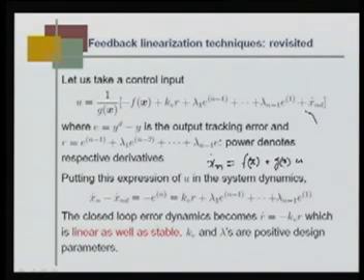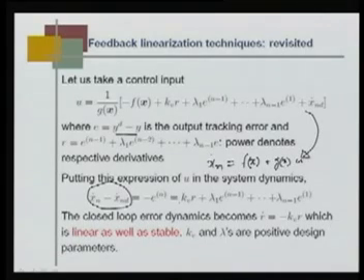If I replace this u here, I get x_n dot on this side, and when you multiply u with g(x), you get x_n desired dot. Bringing it to the side, by definition this term becomes minus the nth derivative of the error.